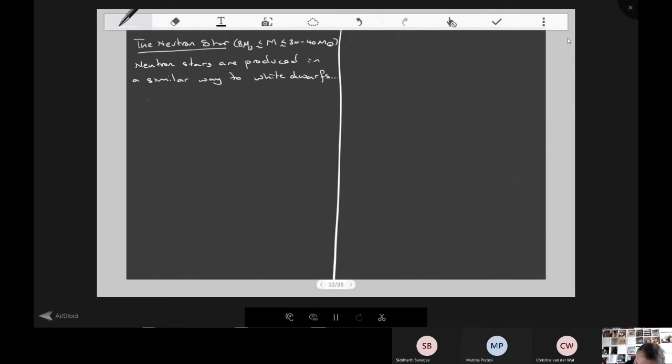Okay, so we have a star. The force inwards is due to gravity, and the force outwards is due to either gas and/or radiation pressure.